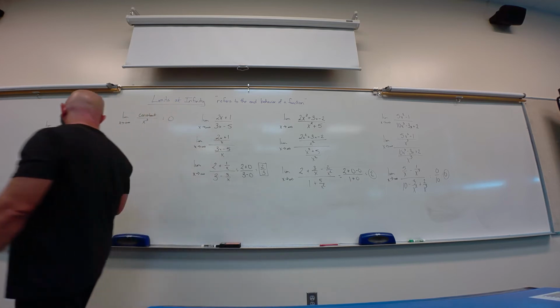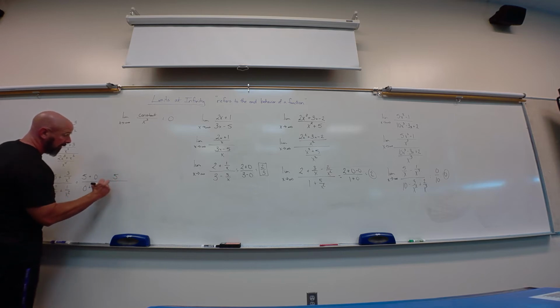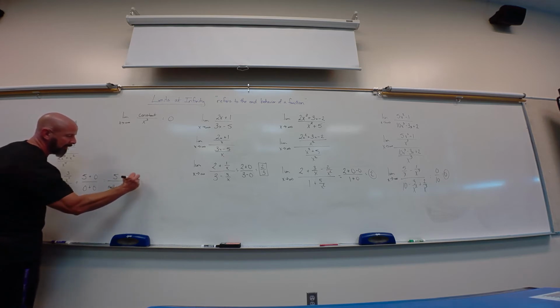So I have 5 divided by something. I'll put 5 over really close to 0, and that makes it infinity.